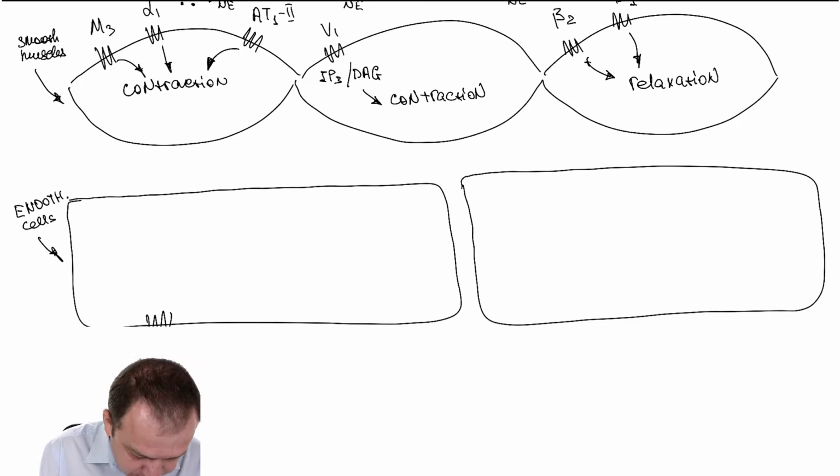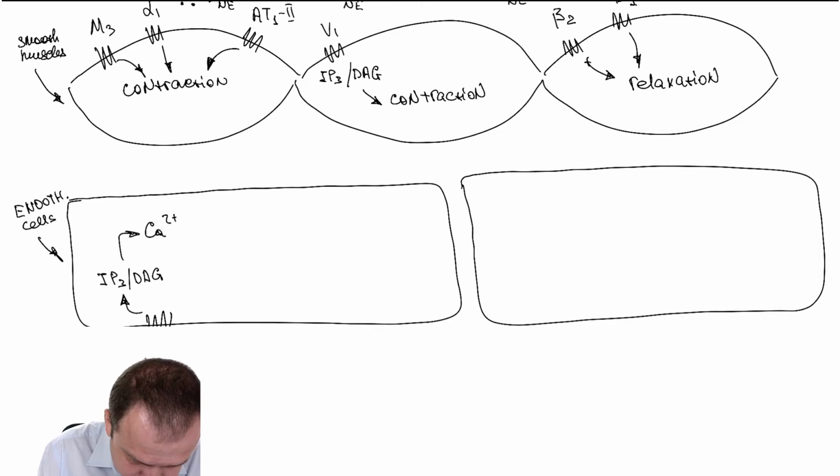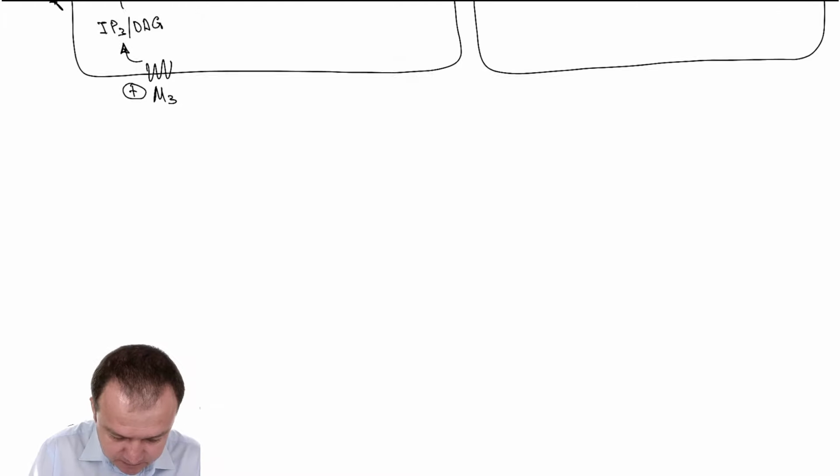Excitation of these not innervated M3 receptors, related to the inositol triphosphate diacylglycerol cascade, causes releasing of calcium. Calcium stimulates the activity of endothelial NO synthase.